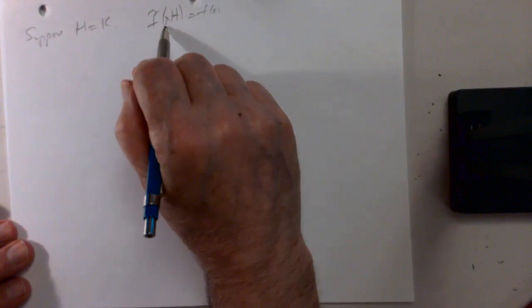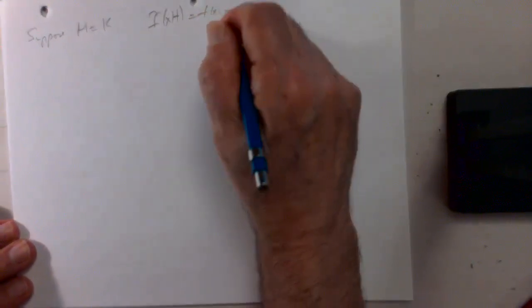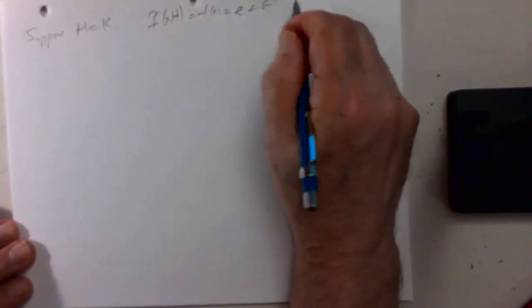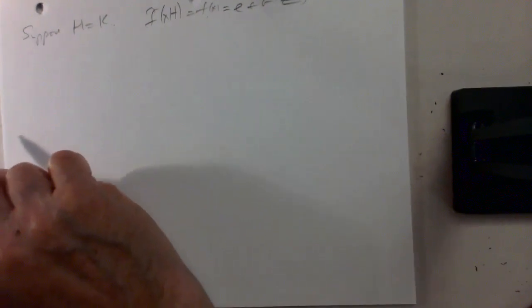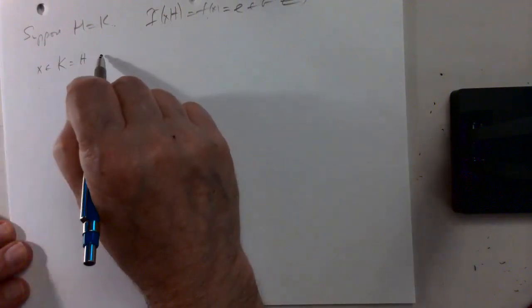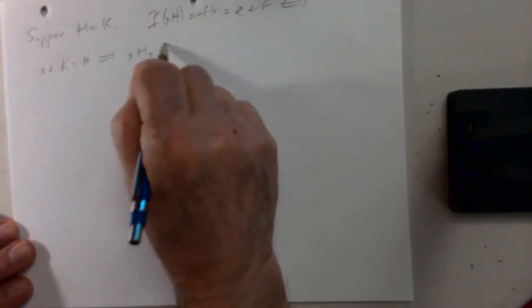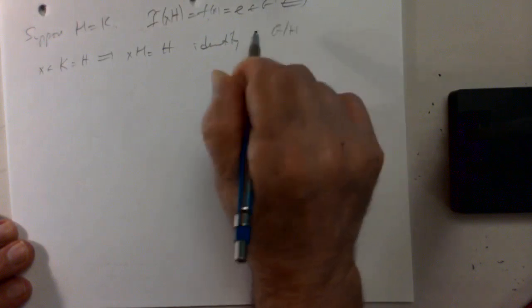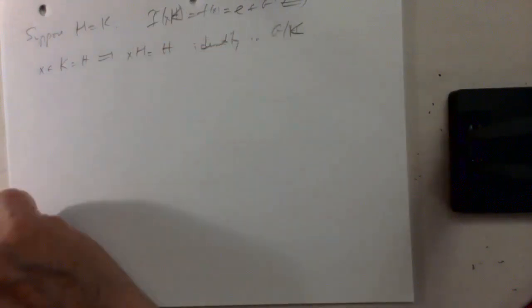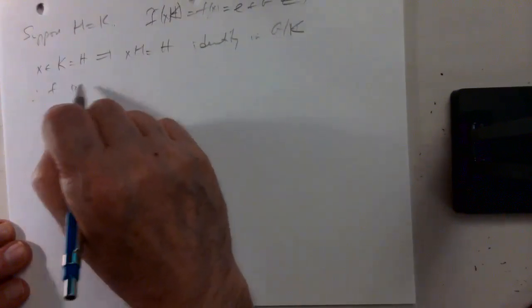So f tilde of xH, which is f of x, is equal to the identity in G prime if and only if x is in the kernel, which means xH is the identity in G mod H, or G mod K. So therefore, f tilde is 1-to-1.